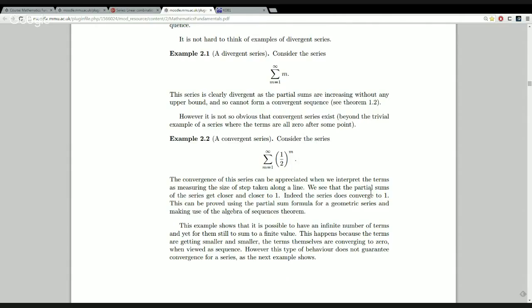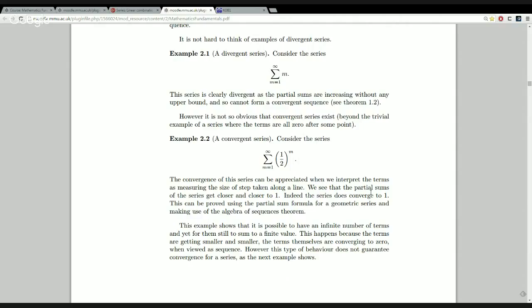The original series itself does not finish. It's an unending process of adding up terms. But each of these partial sums is just a regular old boring finite sum, just adding up a finite collection of numbers. But you add up more and more each time. So let's finish the sentence.